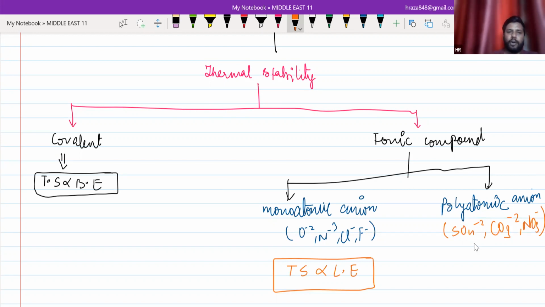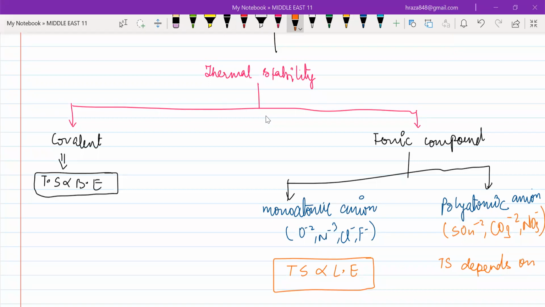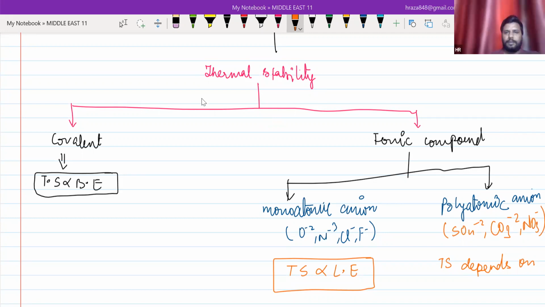In the case of a polyatomic anion, thermal stability depends on Fajan's rule that you have studied in chemical bonding.